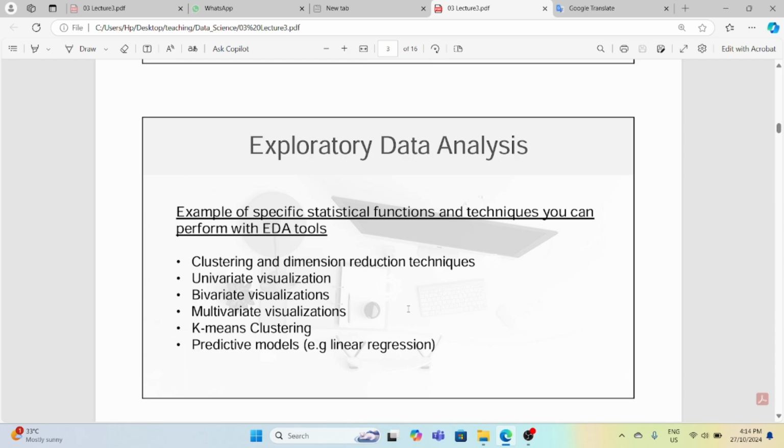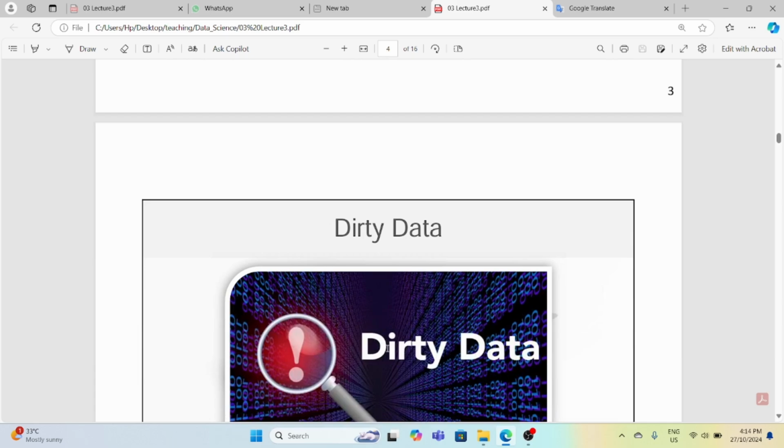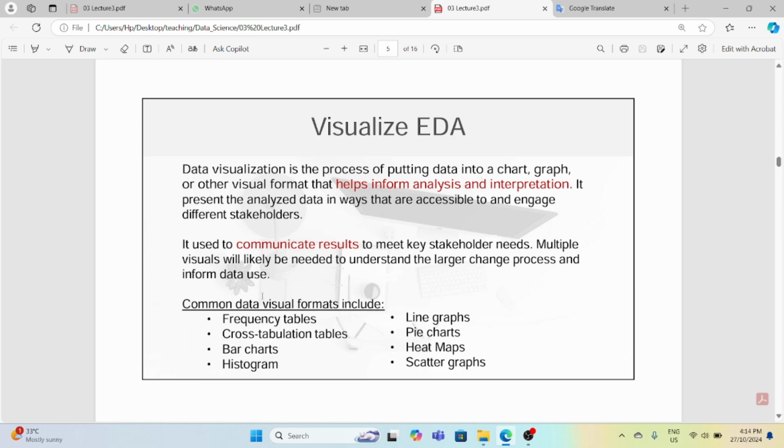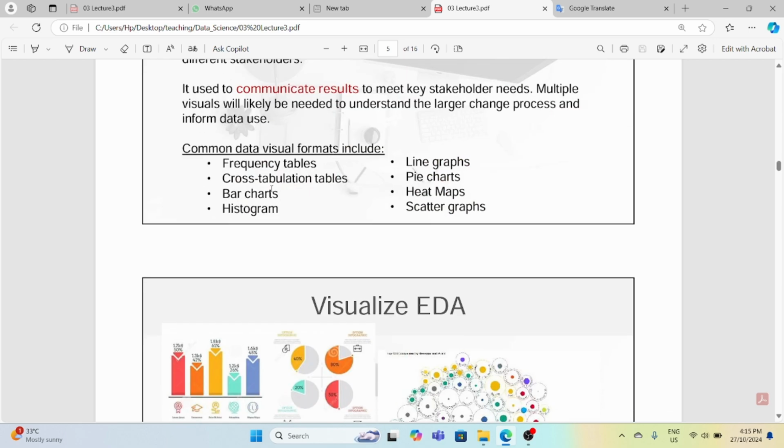These are some examples of what we can use these tools for in EDA: clustering and dimension reduction techniques, univariate visualization, k-means clustering, and predictive models like linear regression and neural networks. Ignore these two pages, we go to page number 5.